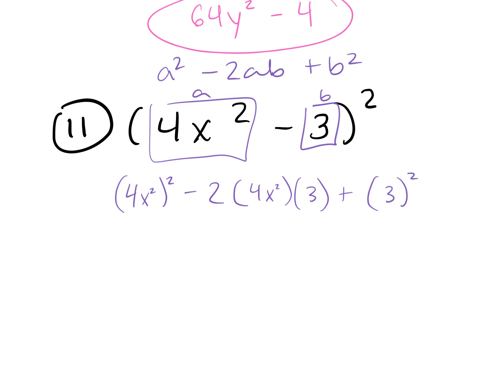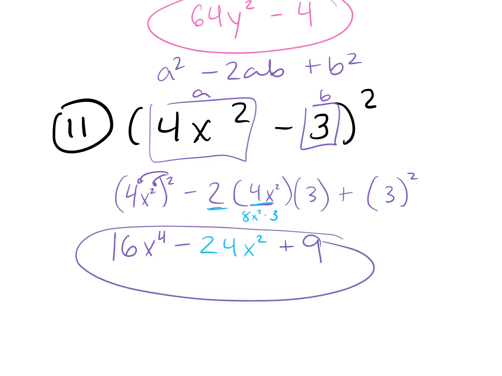What's 4x squared squared? 16x to the 4th power, perfect, because we distribute the squared. Minus, what's 2 times 4x squared? 8x squared, and 8x squared times 3? 24x squared, awesome. And then plus, what's 3 squared? 9. So that would be our answer.